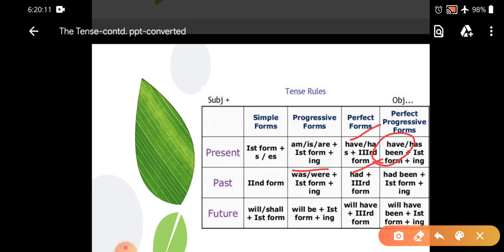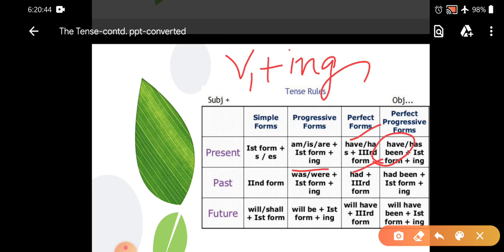Now, the ing form is always used with verb 1. So, there is nothing to memorize as such. In the second form and in the fourth form, you can see we are using V1 plus ing, which means in all the progressive forms of tense or in all the continuous forms of tense, we use V1 plus ing.